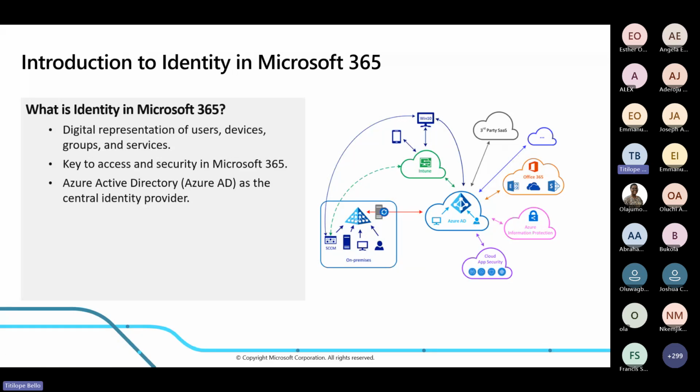Like I said earlier, identity is an account that is being managed within a directory. You hear directory services, and a directory service, take it like your phone book. So your phone book contains different types of information. If you pick a person, that person is called a contact. That contact has certain properties.